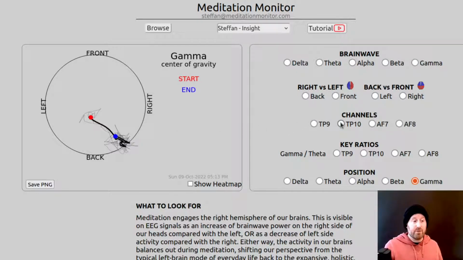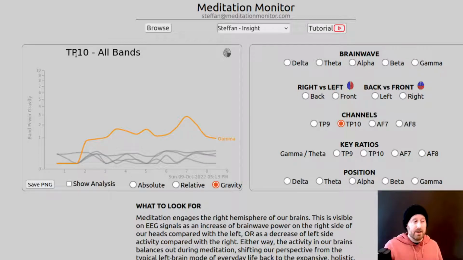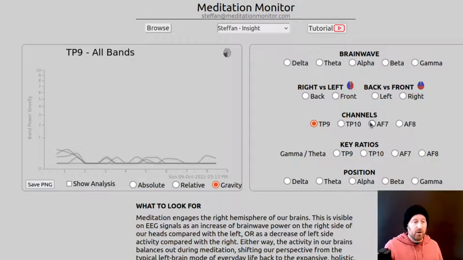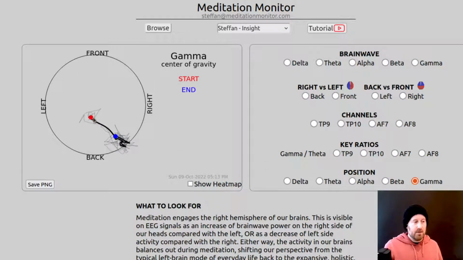So that's what this graph is showing, specifically for this location. And that's also why nothing else is going on in these other channels, because gamma is moving constantly in the direction of TP10, not in the direction of other locations. So that's what this particular gravity graph is emphasizing.